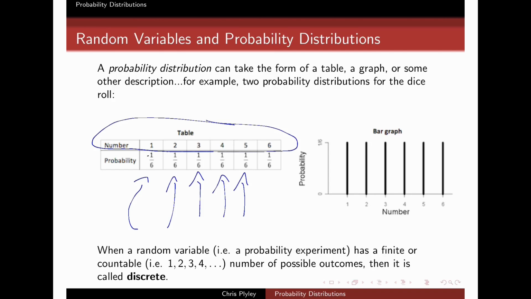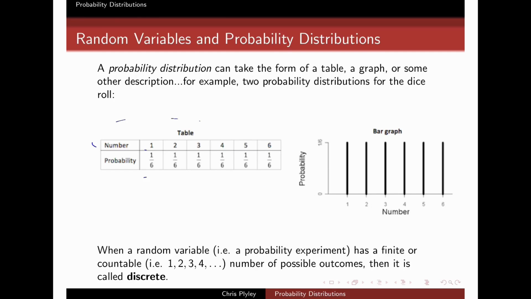And in this simple example, each outcome has a probability of 1/6 of occurring. So this table right here on the left, this is a probability distribution. Basically, what does that mean? It means it shows me all the probabilities that go with each outcome of a probability experiment.